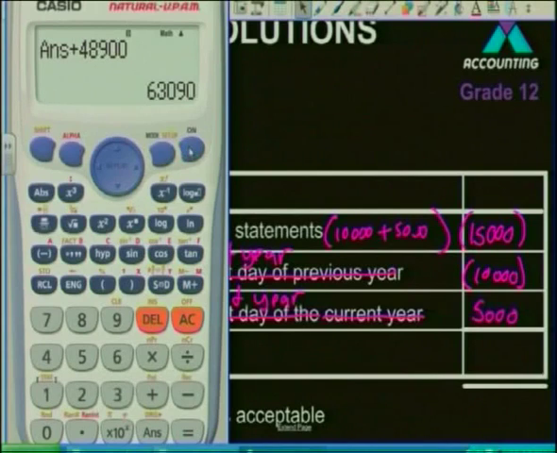So let's take out our calculators. We've got a negative 15,000. Okay, so we've got 15,000. We then have a negative 10,000, so I'm going to add the 10,000 and then subtract my 5,000. And the company has paid its shareholders an amount of 20,000 this year in terms of dividends.